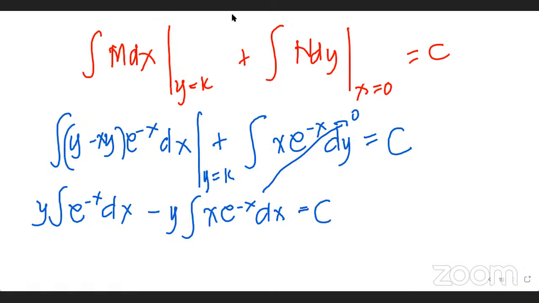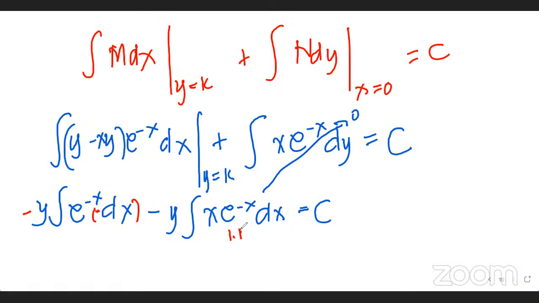So sa unang term, you need to have a neutralizing factor, di ba? Kasi nga negative x, so dapat yung differential dito is also negative dx. So you put neutralizing factor na negative sa labas para masatisfy natin yung formula for integration. Yung pangalawang term naman, you can solve this by integration by parts.